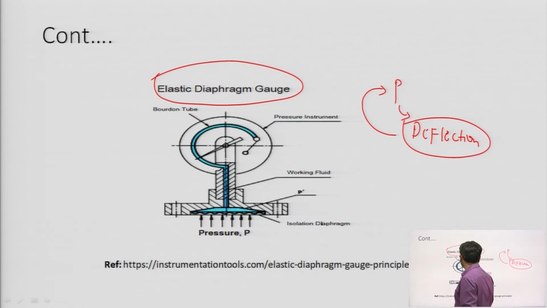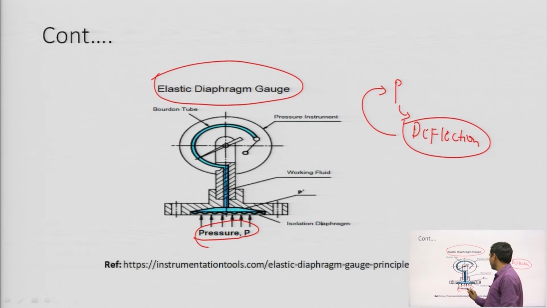In the diagram, the pressure is to be applied from here, and that is our isolated diaphragm. With respect to that diaphragm, we get the displacement reading from this scale or from this Bourdon tube.